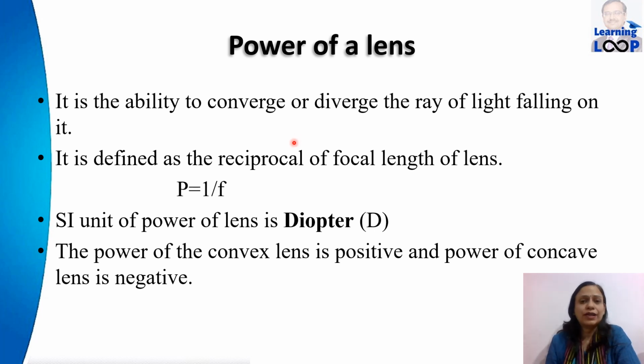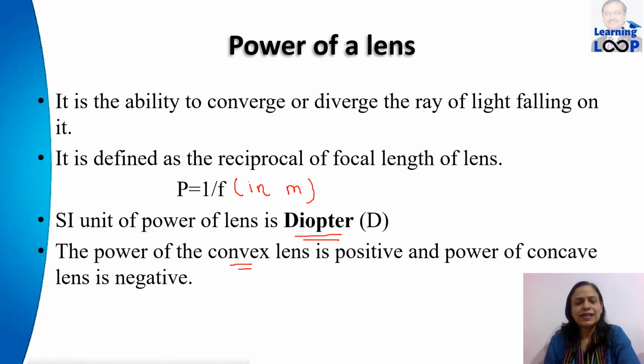If you have to calculate it mathematically, the formula for power is 1 upon focal length, but care has to be taken that in this case the focal length always has to be in meters. So it's 1 upon focal length in meters, and the unit for power is diopter. The power is always measured in a unit known as diopter, which is represented by the capital letter D. Conventions stand as always.